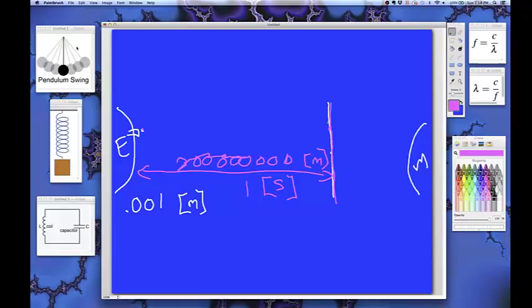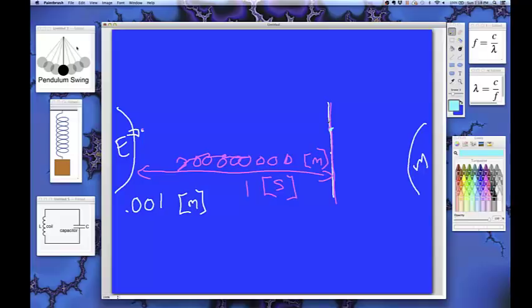We actually don't know exactly what's going on between here and here. We don't really know what's going on because we can only see a photon when we detect it. We can only see a photon when it reaches this point here.